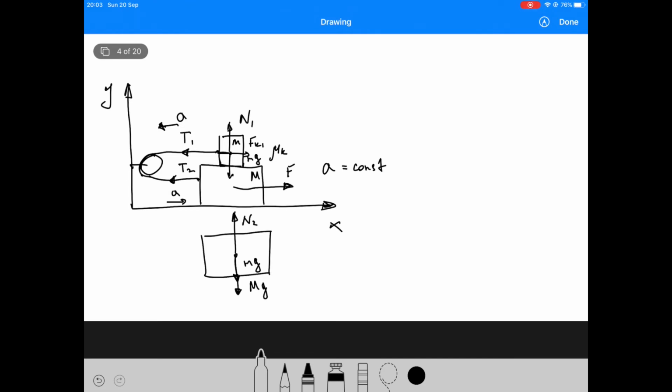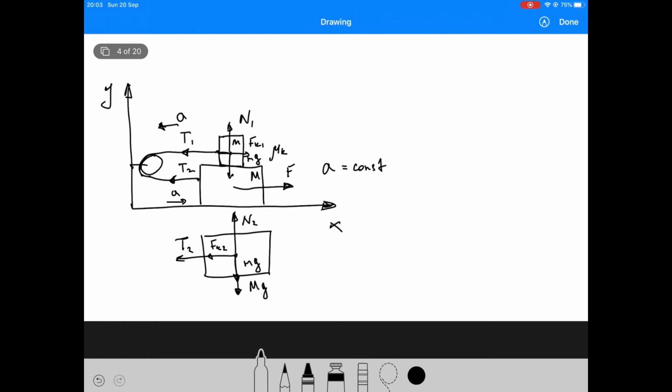Then we have our tension T2, and friction, kinetic friction F kinetic 2, which is friction between the bottom body and the top one.